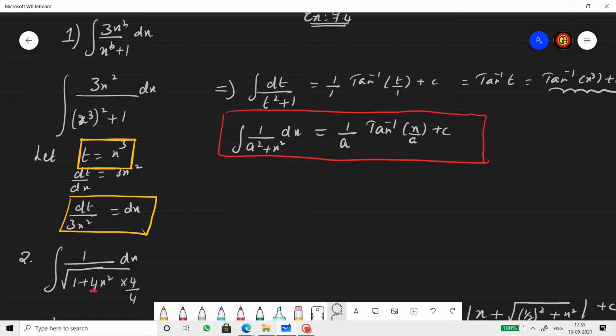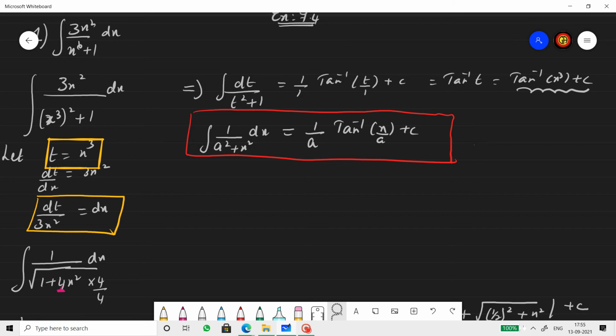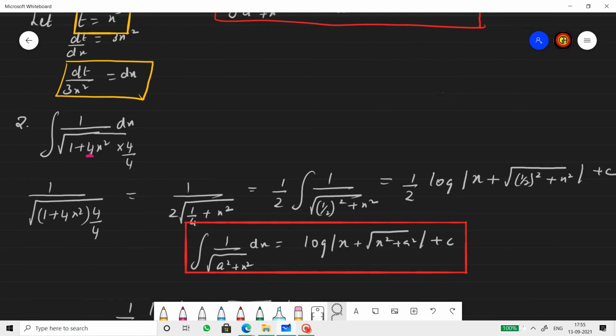Just apply the formula, put the value of x and a in their right places. You will get 1 by 1 into tan inverse of t by 1 plus c. And later in the end, substitute the t that we assumed. So that's the answer for the first one. Tan inverse x cube plus c. Now the second one.